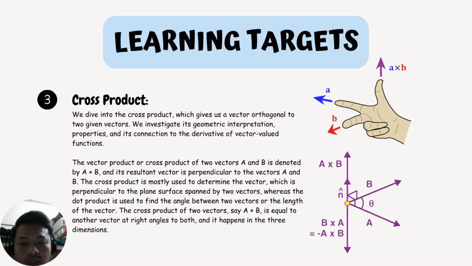The cross product is mostly used to determine the vector which is perpendicular to the plane surface spanned by two vectors, whereas the dot product is used to find the angle between two vectors or the length of the vectors. The cross product of two vectors, say a times b, is equal to another vector at right angle to both, and it happens in three dimensions.